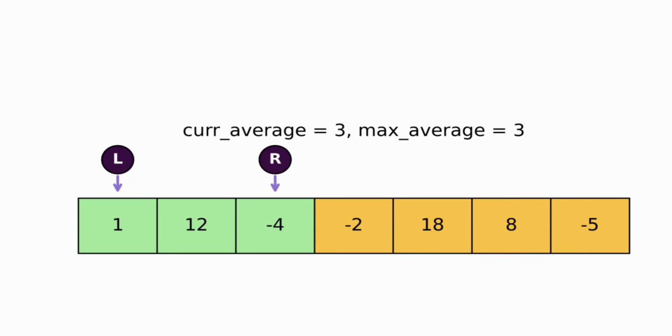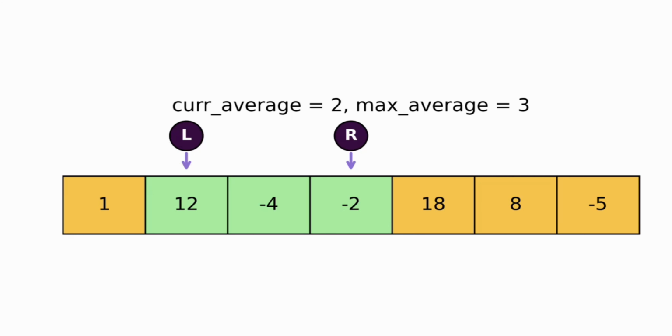Okay, so the left pointer is at 0, the right pointer is at this one, and our current average is 3. The maximum average is also 3. Then we increase the left pointer by 1 and the right pointer by 1, and you can see that at the second window the current average is 2, and the maximum average is 3, which is related to the previous window.